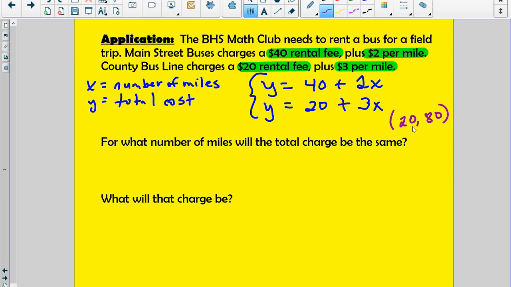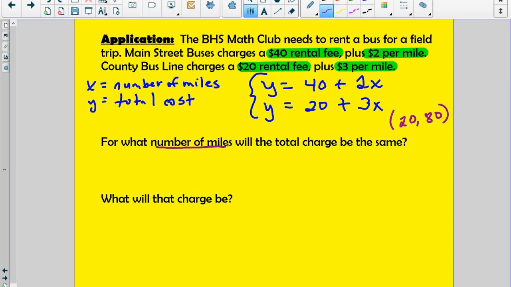20 was the x value because it's first. So that means it's 20 miles. So when both bus companies reach 20 miles, the y value, or the total cost, is $80. So that's when both companies end up being the same. So for what number of miles will the total charge be the same?